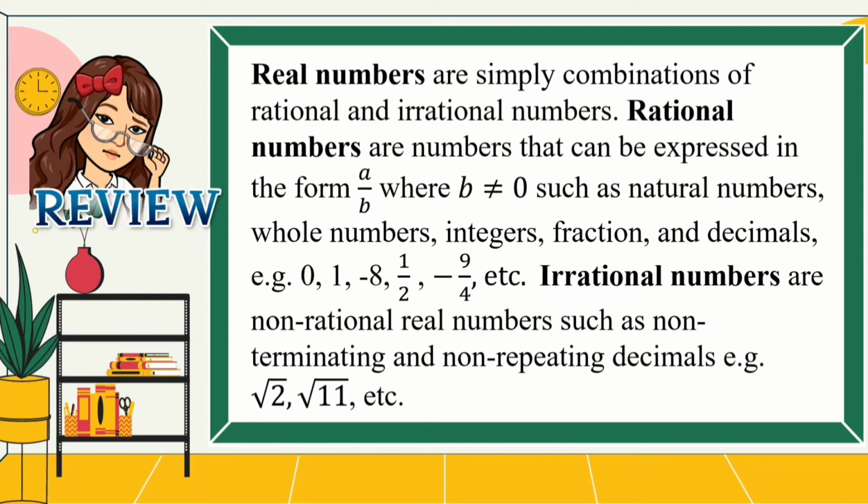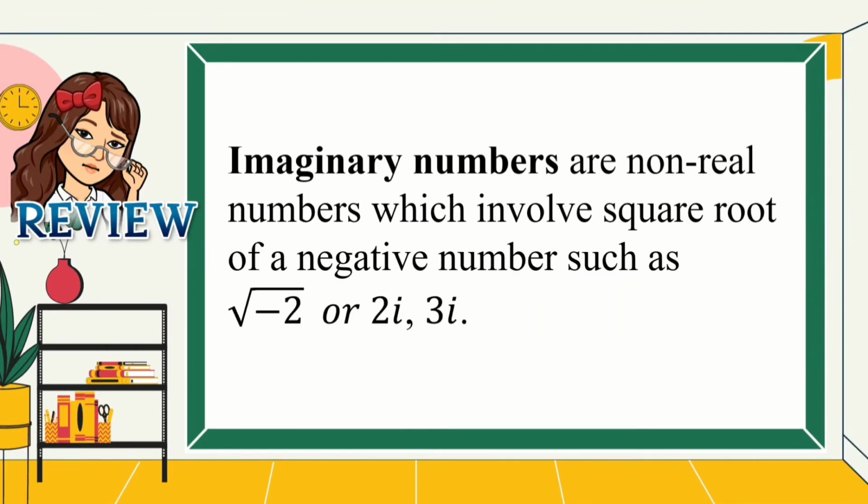While irrational numbers are non-rational real numbers, such as non-terminating and non-repeating decimals. We also have imaginary numbers. These are non-real numbers which involve the square root of a negative number.